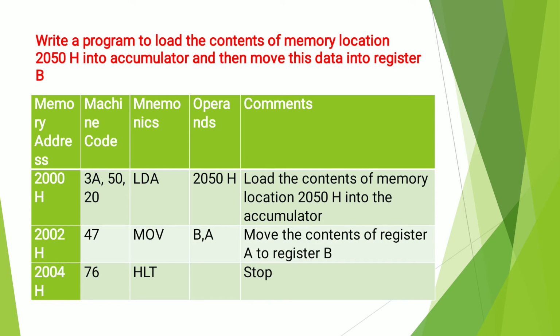Write a program to load the content of memory location 2050H into the accumulator and then move this data into register B. Load the content of the memory location into the accumulator. For this, here I am using the LDA instruction.